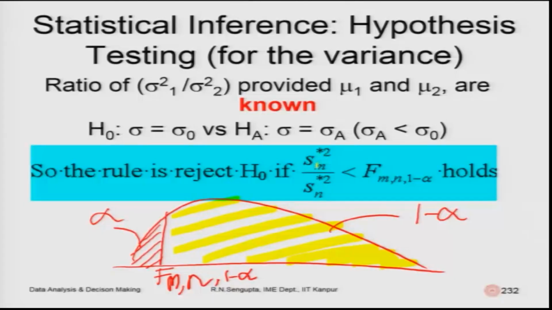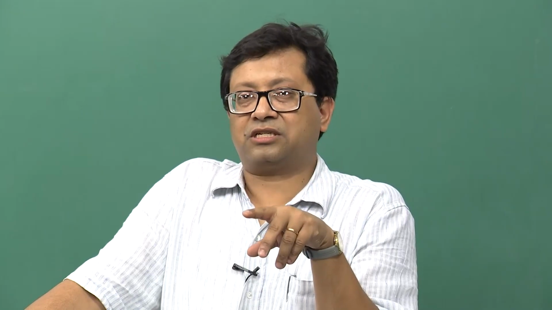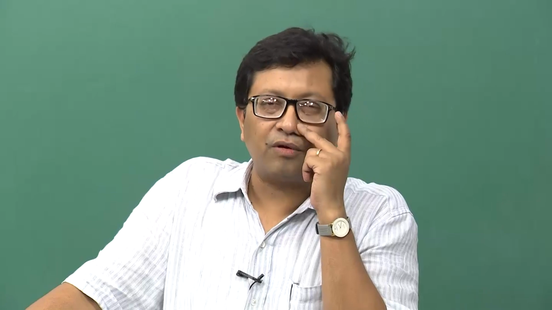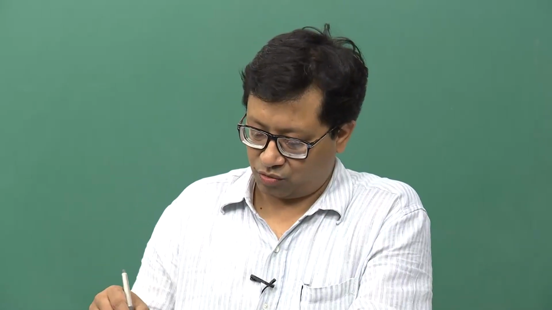I will not highlight, but I will just hover my electronic pen over this point. So, it is S dash square suffix m, and in the denominator, the hypothesis testing was based on sigma 2 square. So, its best estimate from population number 2 would be S dash square suffix n, because n is now the sample size which we are picking up from population 2.